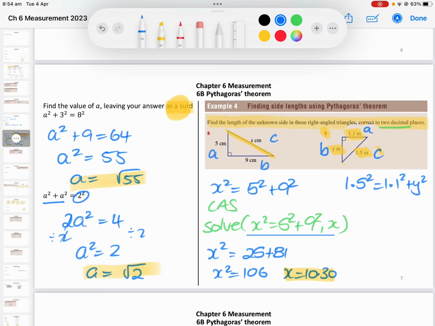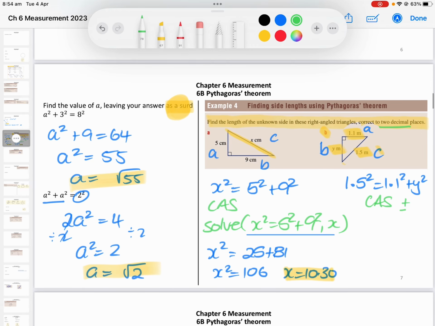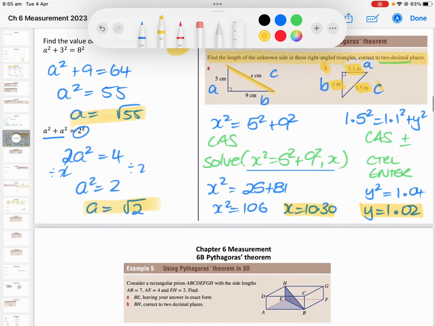Now you can do a solve on CAS if you want, but remember, you'll get a plus answer and a minus answer. You only want the positive answer, and you have to press Control Enter to get the decimal equivalent. Either way, you should get that y squared is 1.04, so y is 1.02. Just have a practice of those.